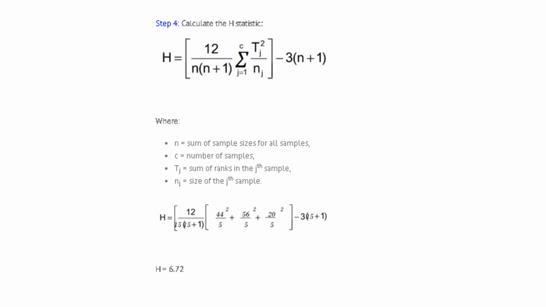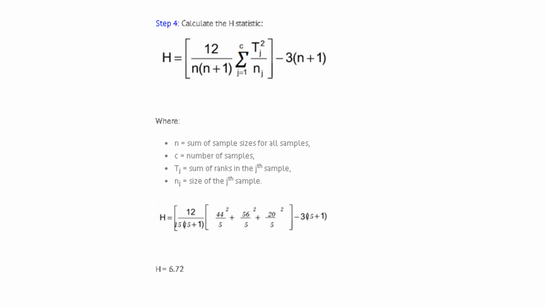That is, 3 multiplied by 15 plus 1. You have to calculate according to this if you are doing it manually. So the H statistic is 6.72. You have to check if the statistic is statistically significant, right?